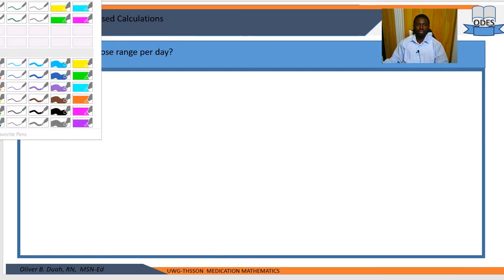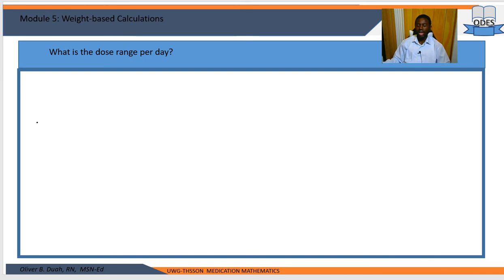So, first of all, let's begin by converting our weight from pounds to kilograms. We know that in every 1 kilogram of weight, this is equivalent to 2.2 pounds. And the weight of this particular patient is 11 pounds.